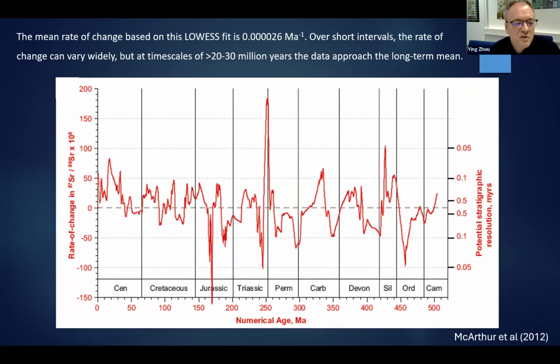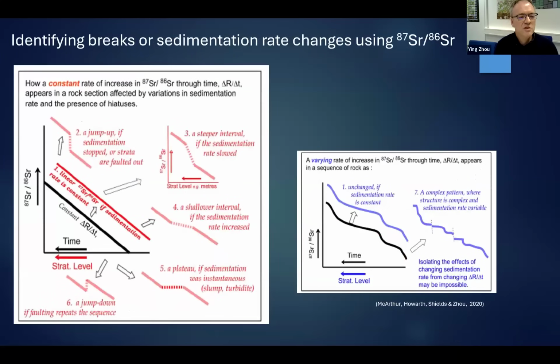If you have enough data, you could even use this relationship to determine sedimentation rate in some basins, as long as we're talking about long time periods. You can also look at potential hiatuses or breaks or faults in a section, things which are cryptic disconformities, because if strontium isotope ratios are changing through time, then we would see a break in slope.